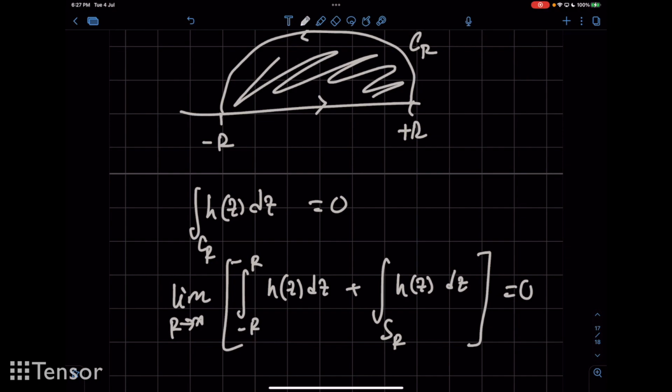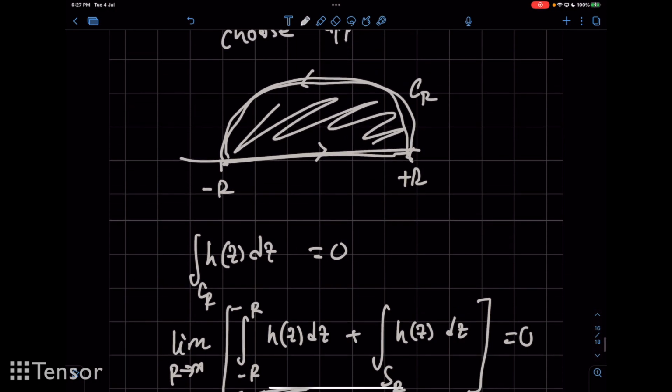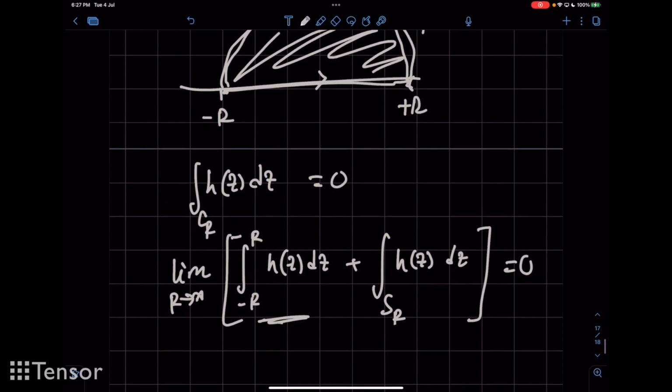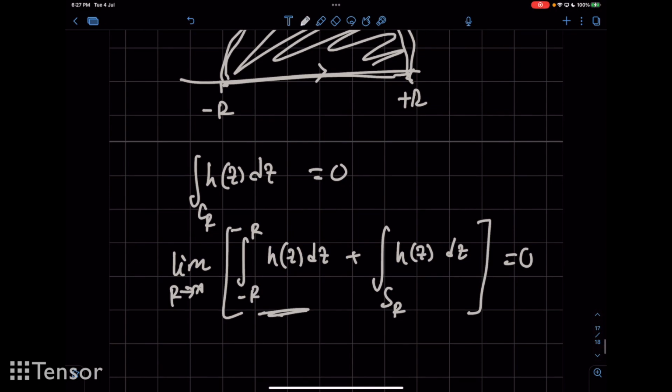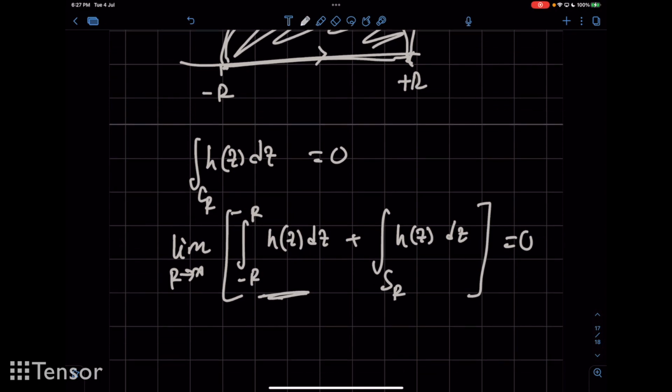So this is the path from negative r to r, and SR is this semicircular path of radius r centered at 0. This goes to 0 as well, because the term in the square bracket is always 0.